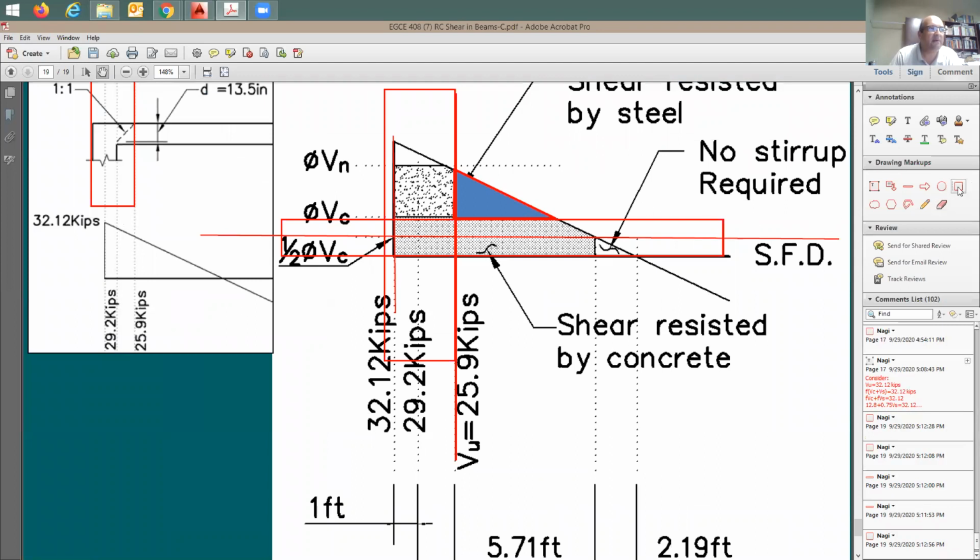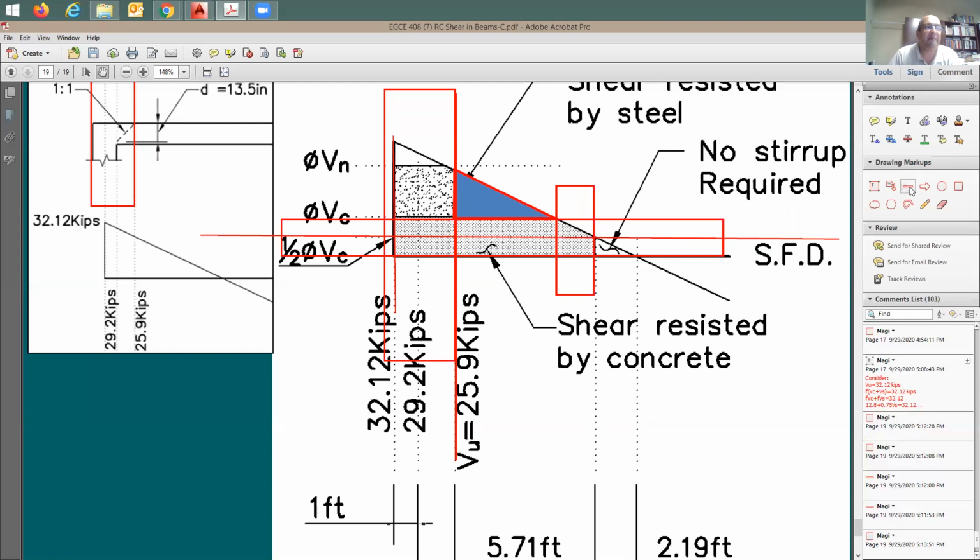In this section, from here to there, you can provide the minimum reinforcement needed. You have to. Why? Because you're going above one half of phi Vc and you don't need any steel in this case. So you need to provide the minimum.